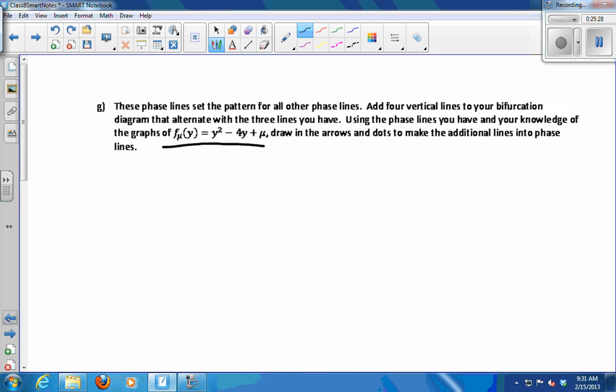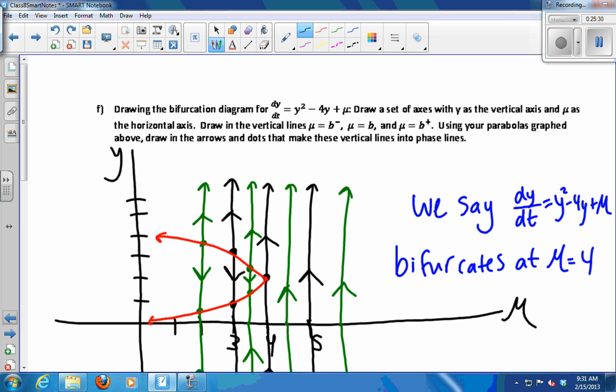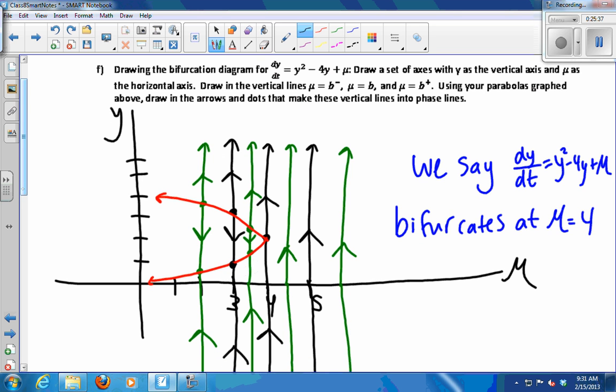The equilibrium solution at 1 appears to be a sink because my arrows are pointing towards it, which means that any solutions on either side of the equilibrium will tend towards it. And my other one is a source, which means solutions on either side of that equilibrium solution will go away from it.